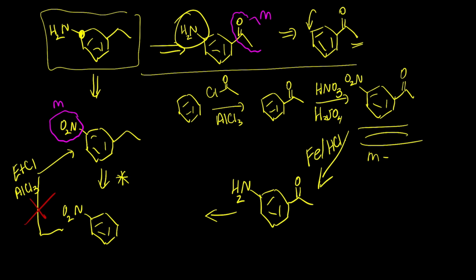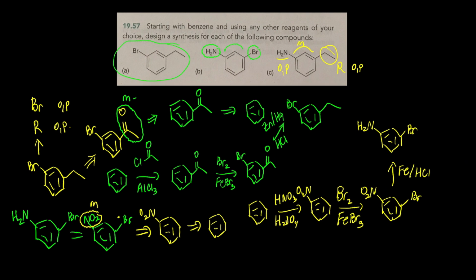And then I'll reduce the acetophenone part of the molecule with the Clemmensen reduction, zinc, HCl, and that'll give the target molecule here. Okay, so let me erase that. All right, so that will be a synthesis for this molecule here. So that's 4 steps.